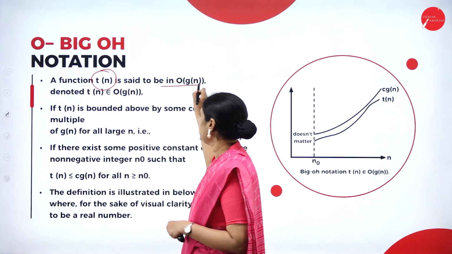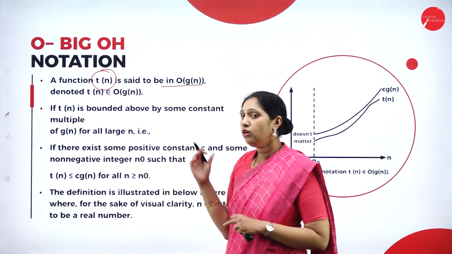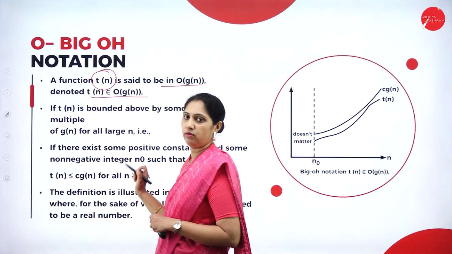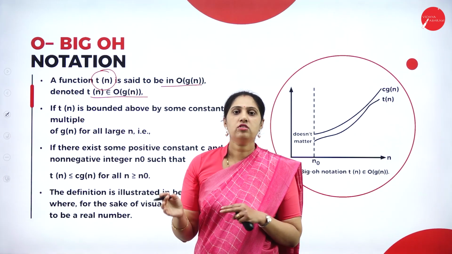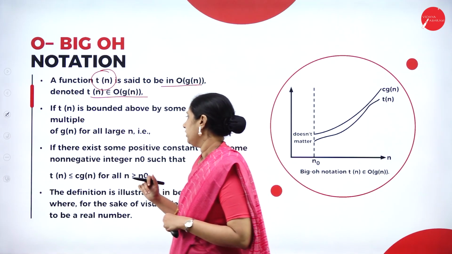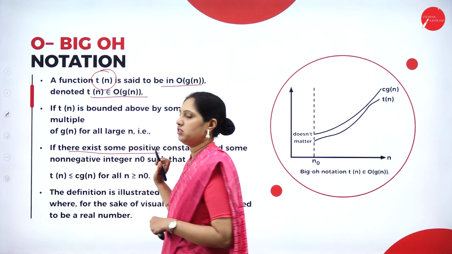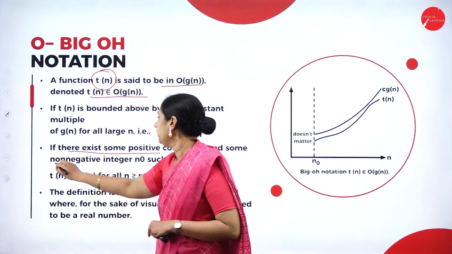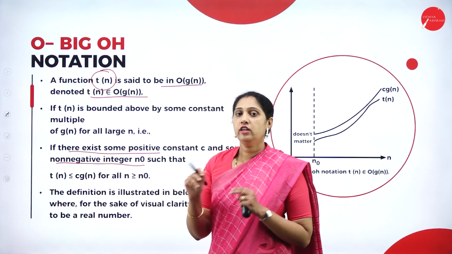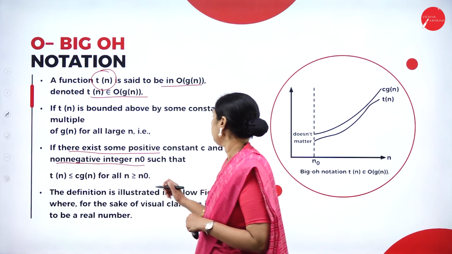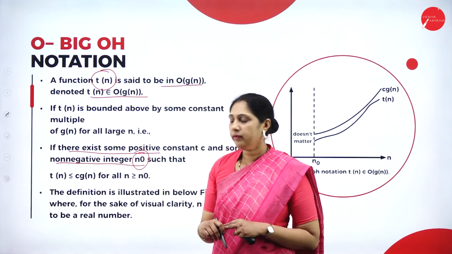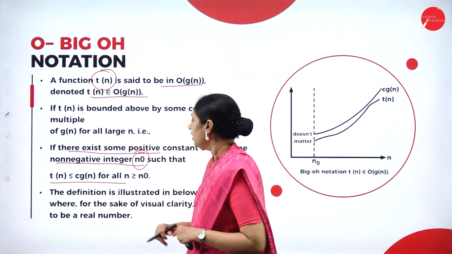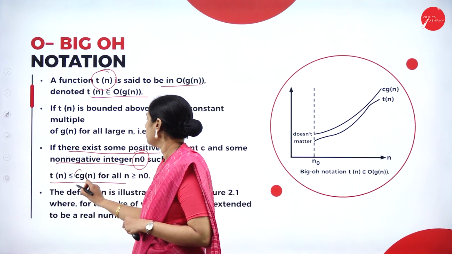We'll say this function is big O of g of n. How to denote this? We'll say t of n belongs to big O of g of n. So my function belongs to what notation? Big O. Then there exists some positive constant c, and a non-negative integer denoted by n naught. Next, t of n is less or equal to c of g of n.